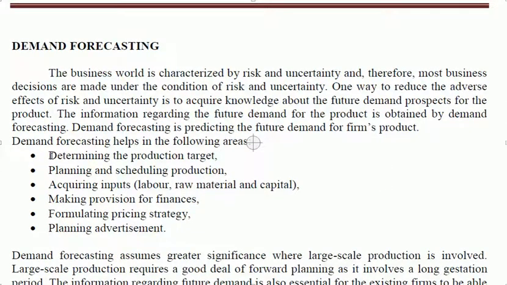Okay, so first of all, demand forecasting helps you in determining the production target, how much you need to produce, planning and scheduling your production. Okay, when to produce your items, acquiring inputs, as the production requires raw material, labor and capital. So when you need to pump in this raw material, when you need to pump in this capital, when you will be hiring laborers to do the activities, that depends upon the demand forecasting.